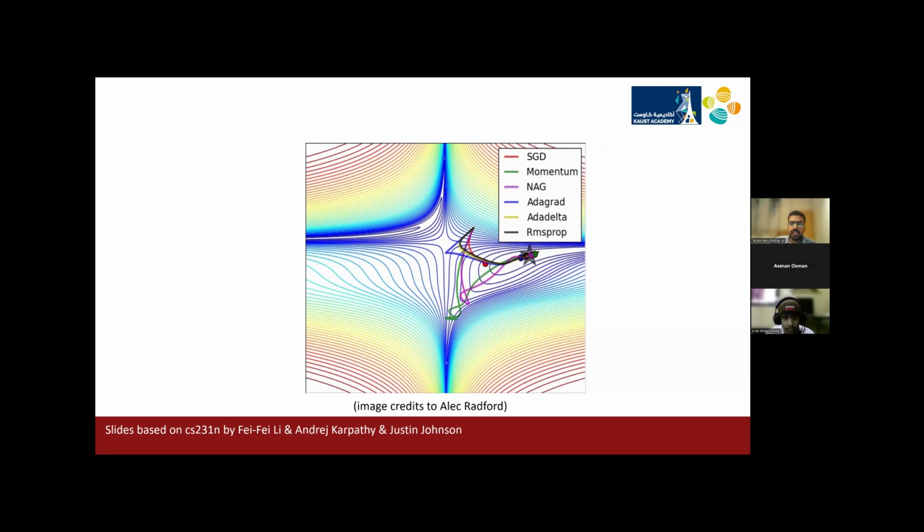By the way, this NAG is another form of momentum optimizer, and it uses something called look ahead. So basically, at each step, it actually computes a gradient for what it would be in the next step and then makes an update. So it does slightly better than the vanilla momentum optimizer.